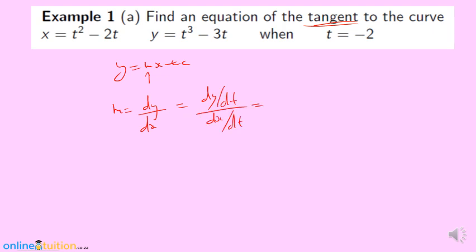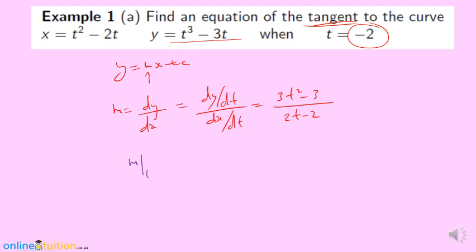We're experts now. What is dy/dt? Have a look at that. That is nothing more than 3t squared minus 3. And what is dx/dt? It's 2t minus 2. But it's at t equal to minus 2. So now we're going to evaluate that slope, because the slope is going to be at a point.